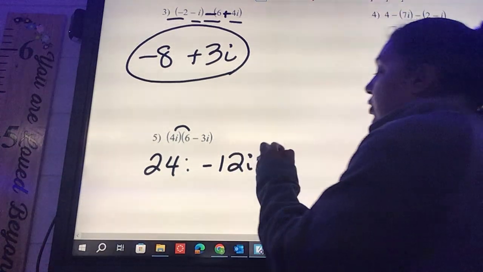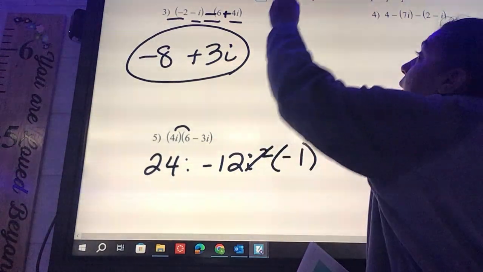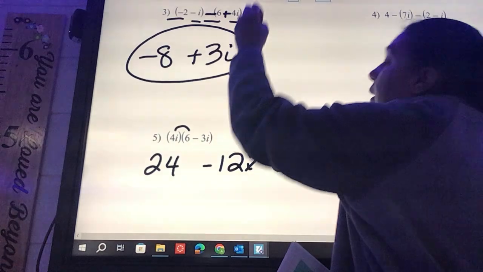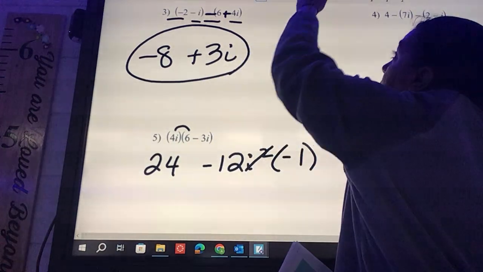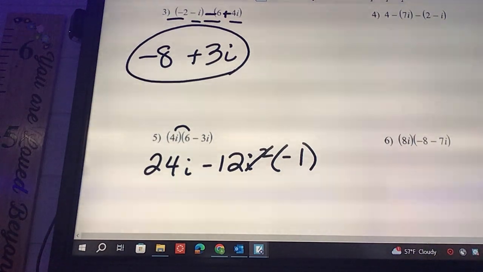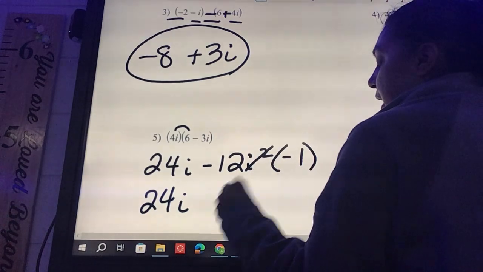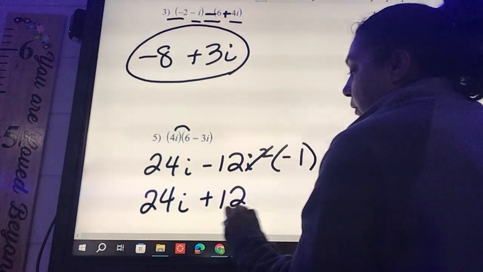Okay, and then we can change the i squared to -1. Oh, it's supposed to be an i. I'm a hot mess so far. Okay, so we got 24i. -12 times -1 is going to be a positive 12.